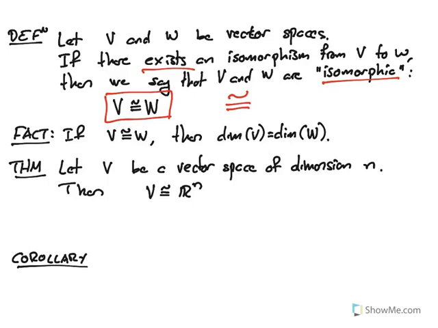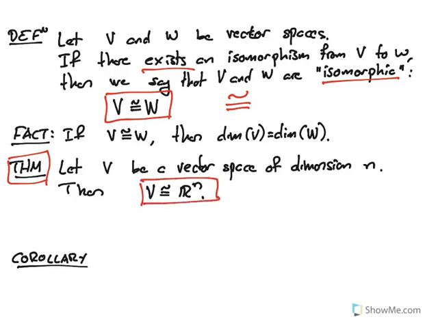And as we've already seen, if two vector spaces are isomorphic, then in particular they have the same dimension. In fact, you can make a much stronger statement, and this is the main result in this section: if you have a finite dimensional vector space and its dimension is n, then that vector space is isomorphic to Rn.